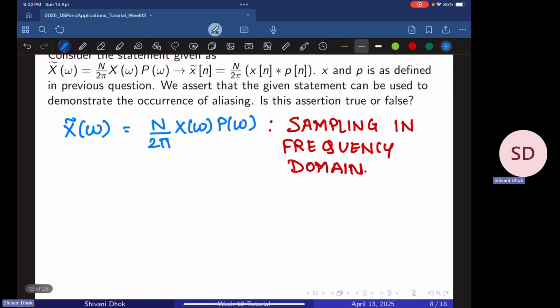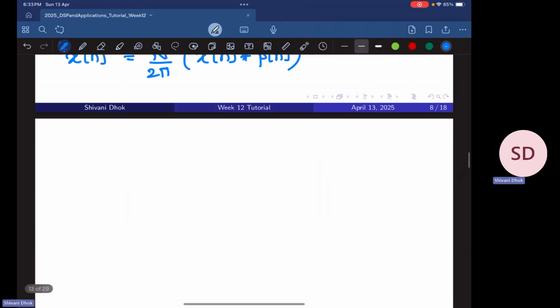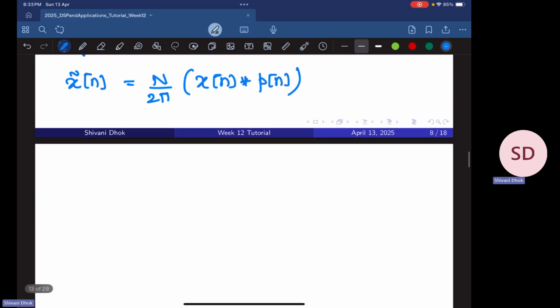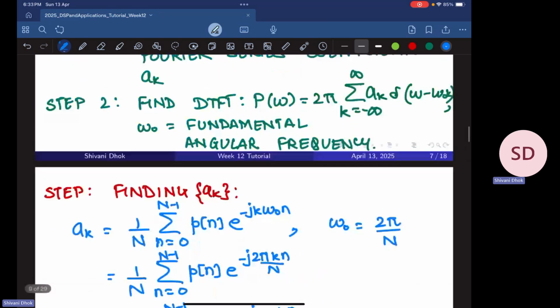By the convolution, time convolution property, its inverse DTFT is x tilde of n, which will be N over 2 pi x of n convolved with p of n. What was our p of n in the previous question?